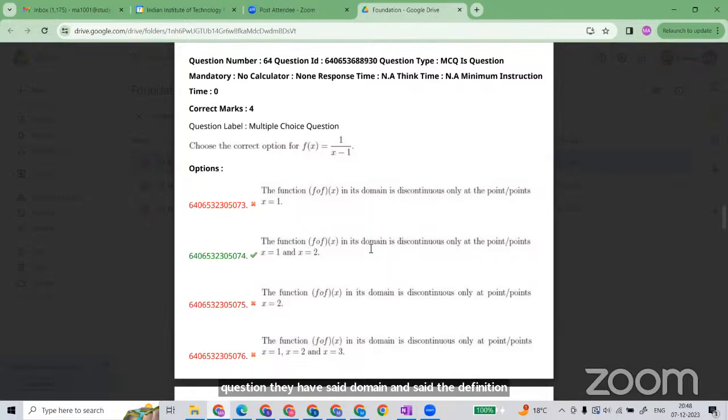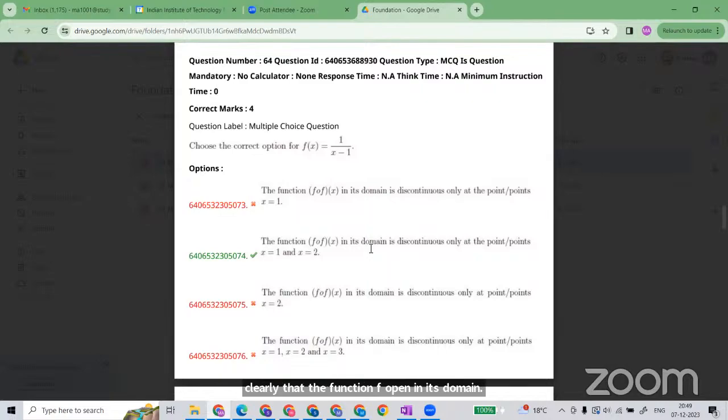Yes. So none of the options are fitting, and I didn't mark any of them. In the answer key, it has come out like this. Excuse me, sir, I have marked this option only, after finding f of x, because it is written clearly that the function f of x in its domain is discontinuous only at the points x equal to 1 and x equal to 2.